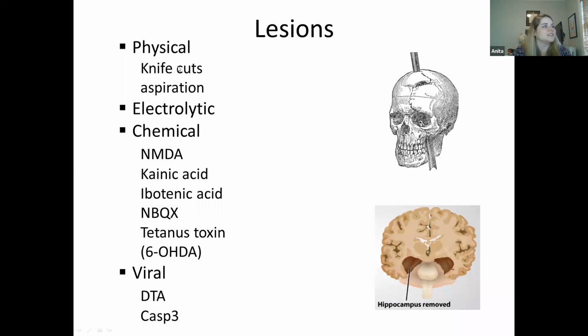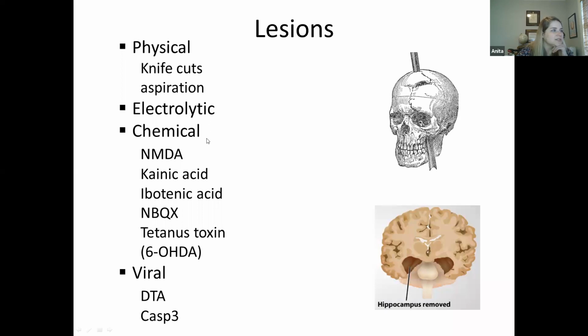Of course, when we do it in the lab, we're a little bit more precise. There are several methods for lesioning. You can do a physical lesion, knife cuts, and knife cuts were particularly popular for cutting fibers of passage. Aspiration is typically used in conjunction if you're going to put a lens in, for example, GRIN lenses or cranial windows. Maybe cranial windows don't require aspiration, but you may have to aspirate tissue to get a lens in place in deep tissue.